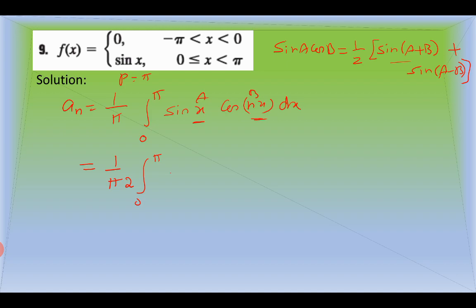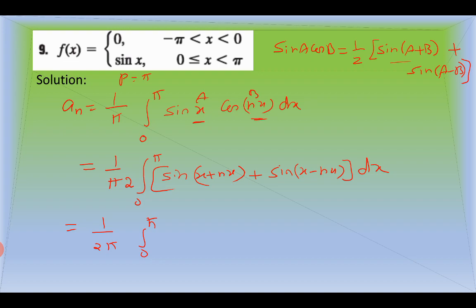Sin a plus b, this is a, this is b, so sin x plus nx plus sin a minus b, sin x minus nx dx. Now we can easily integrate this one.